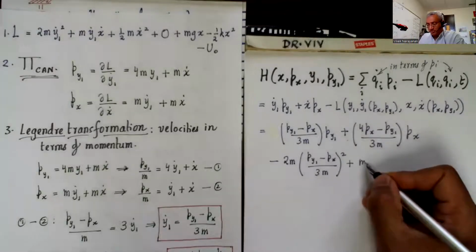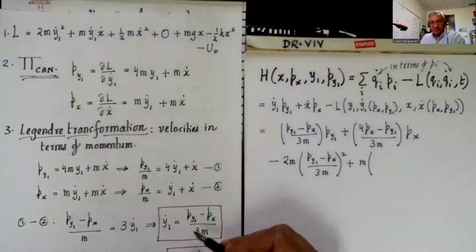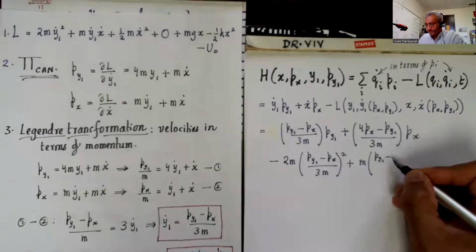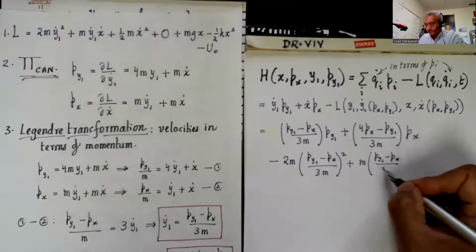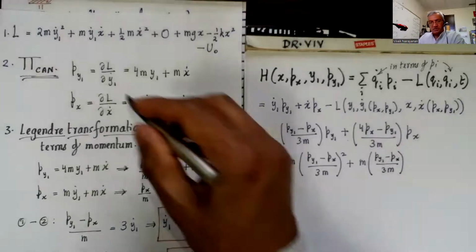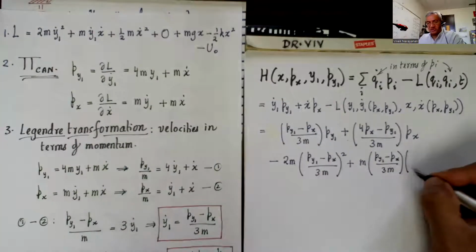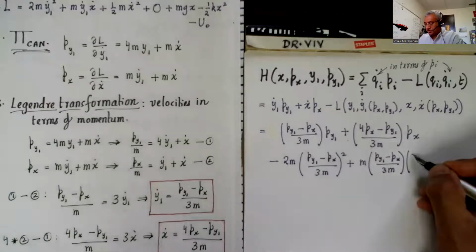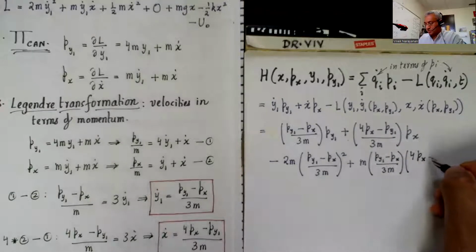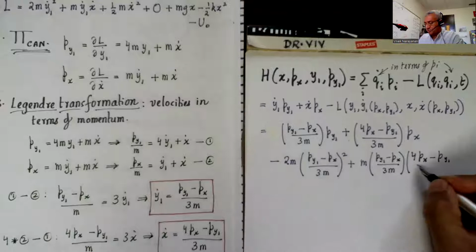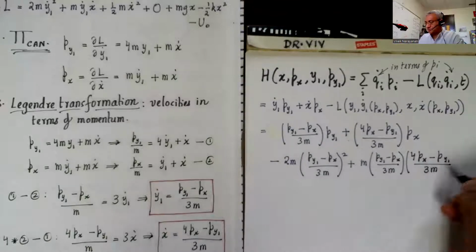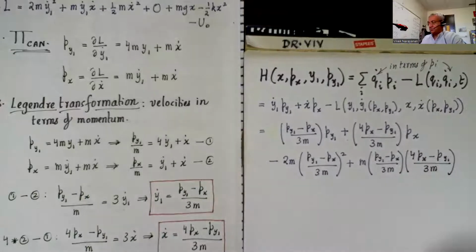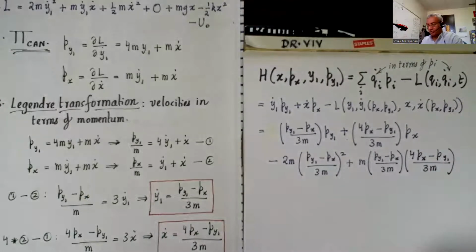Plus m times y1 dot times x dot, which is here. Well, the worst is almost over.